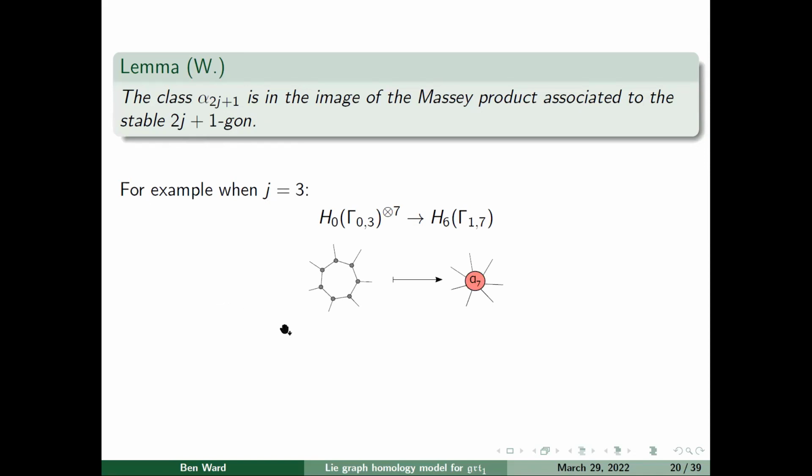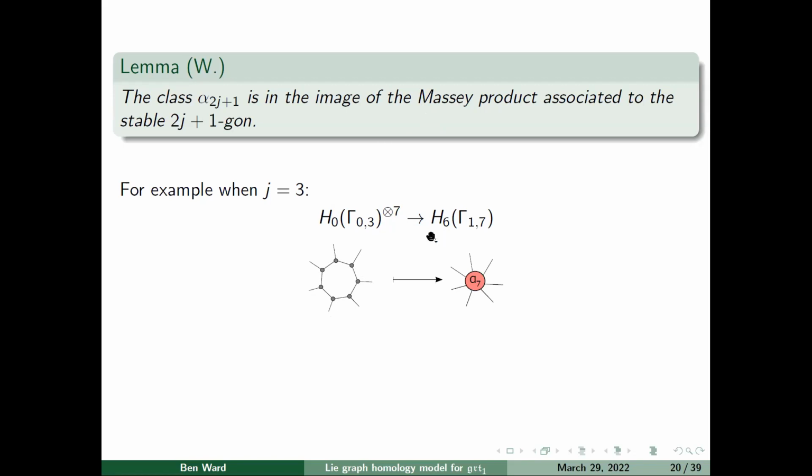Stable 2j plus 1 gon means that you take a polygon and you just put a leg at each vertex to make it stable. Okay. There should be an operation which contracts all 7 of these edges, and that should land in degree 7 minus 1, which is 6.